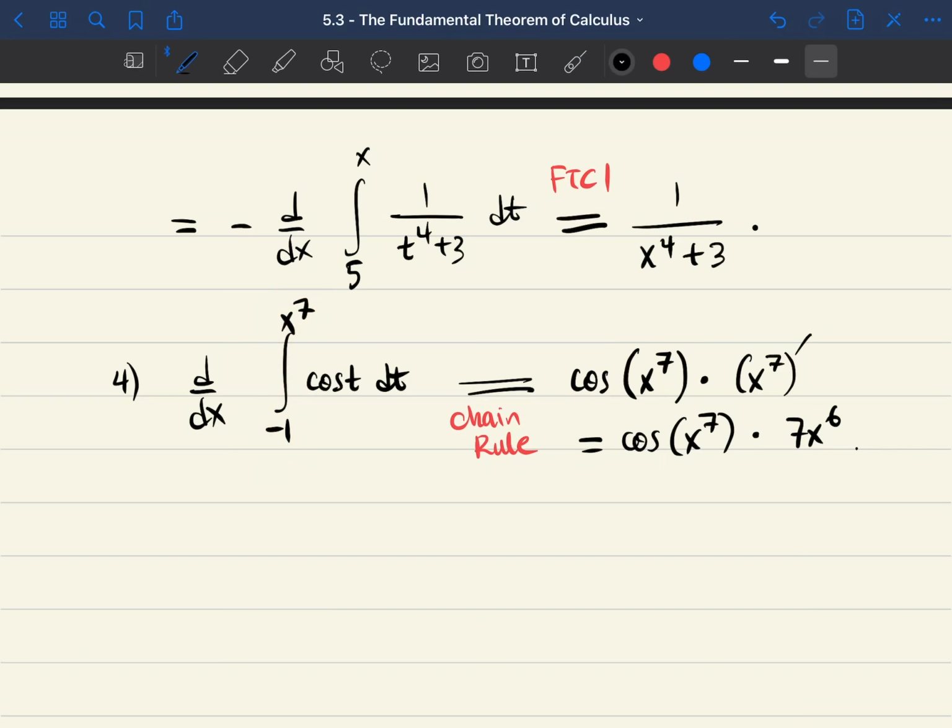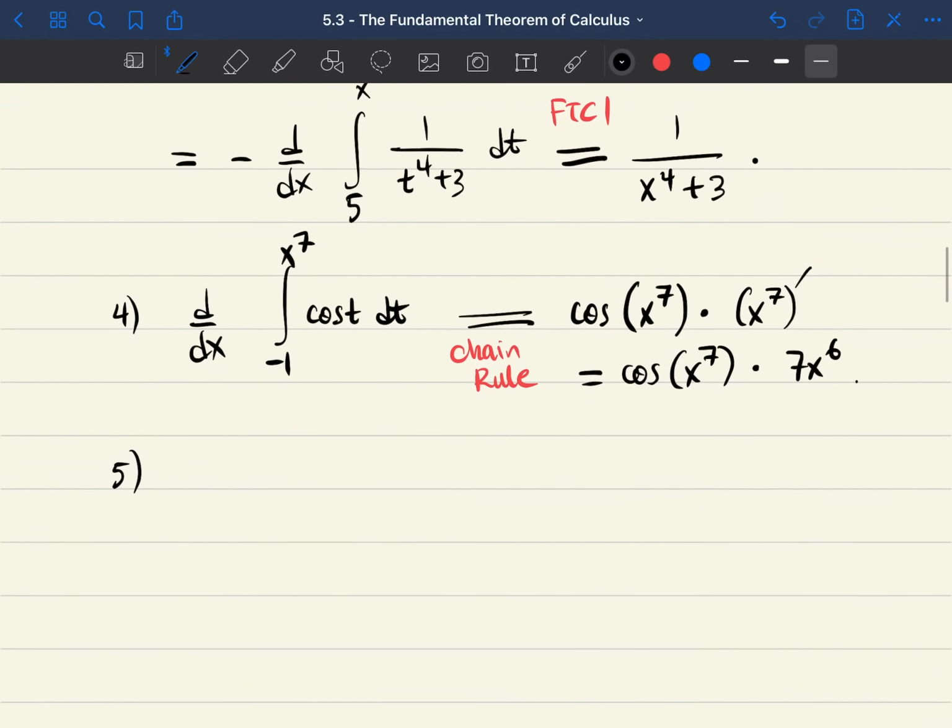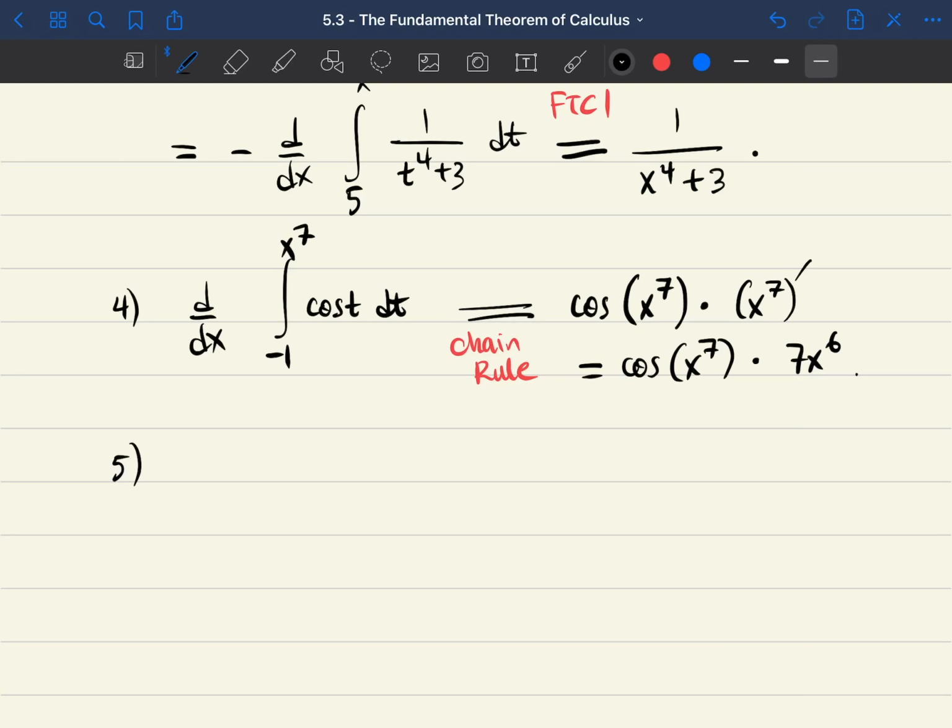Okay, so let's do a question like that. So let's suppose we have the integral from x to x squared of root t plus 1 dt, and you want to find the derivative of this.